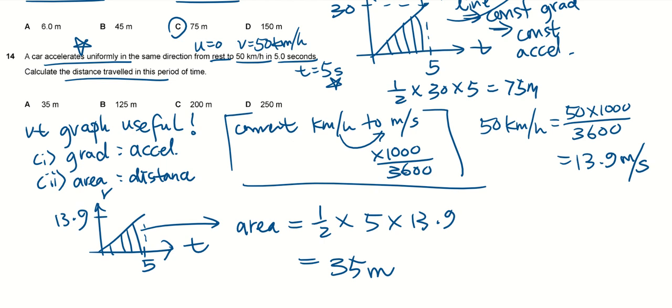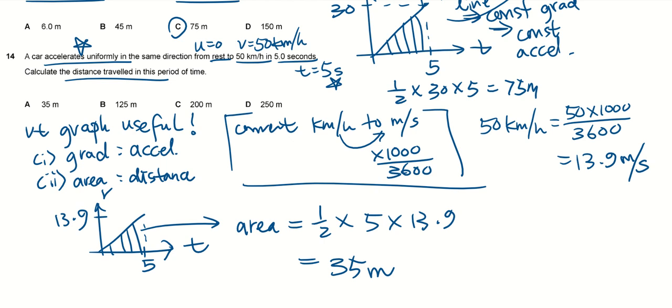Distance time, we haven't seen it yet, but what is the important thing you need to know about it? The gradient represents velocity. That's the only thing I can test you on there. Which means, even though speed time is more difficult, it is more useful because it can help me find these two things. So uniform acceleration means it's going to be a straight line for the gradient.